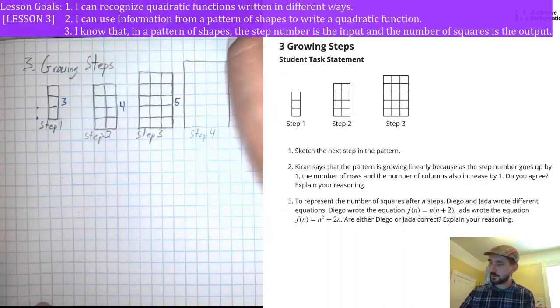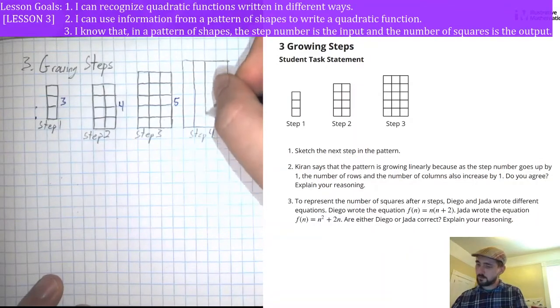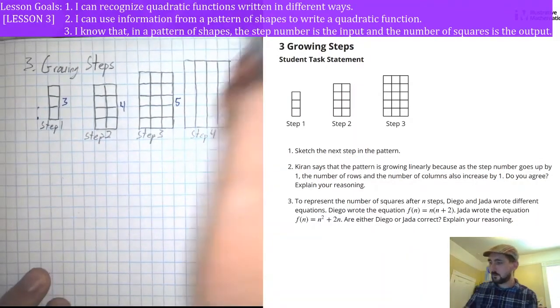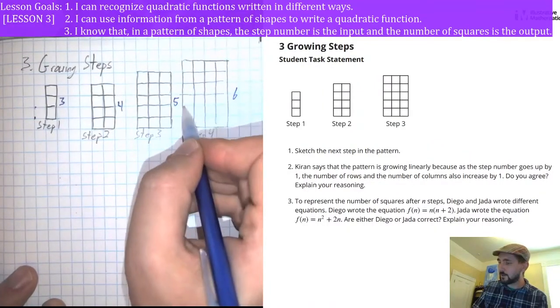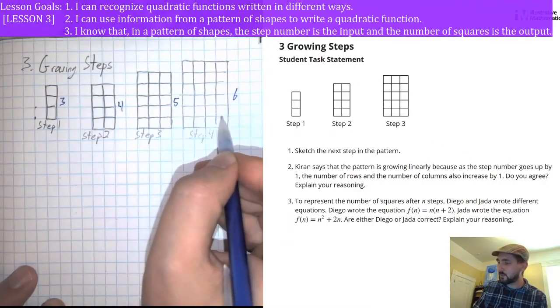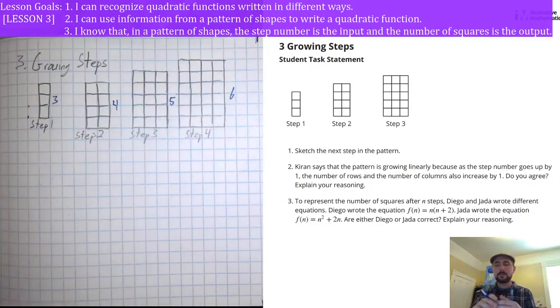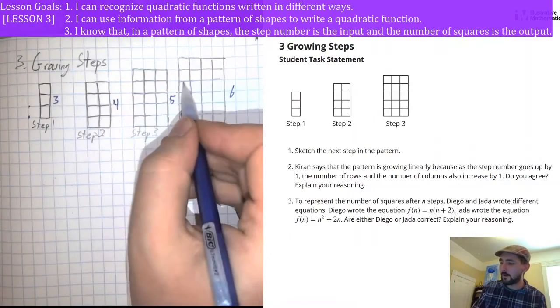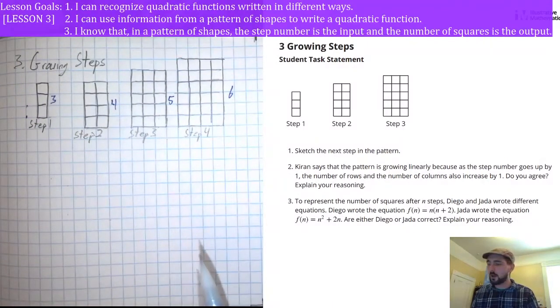Oh, it's kind of tight, isn't it? Okay. All right, let me just draw these in. So drawing all these lines in might feel tedious, but I think there is something really specific about getting your hands dirty and drawing in all these lines, because it really forces you to think and pay attention to where the squares are and how many there are in each step.